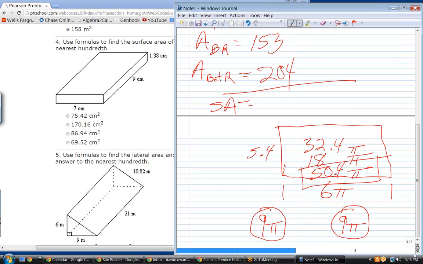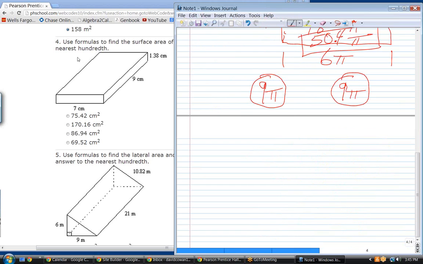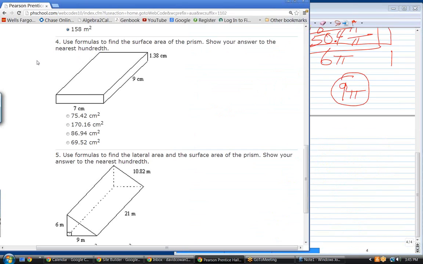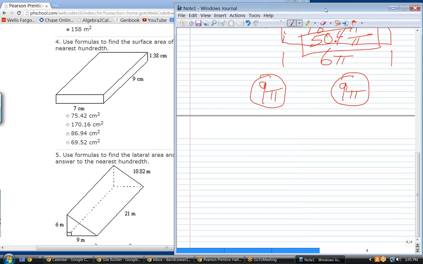Okay, let's look at this prism. This is pretty straightforward. This is a piece of board. How many faces are we going to have on this piece of board? 6. Right. You can see 3.